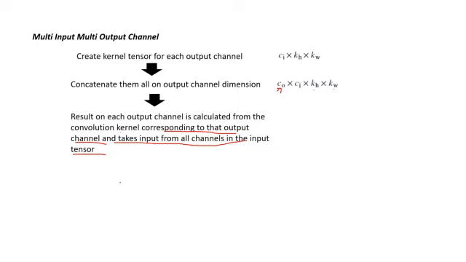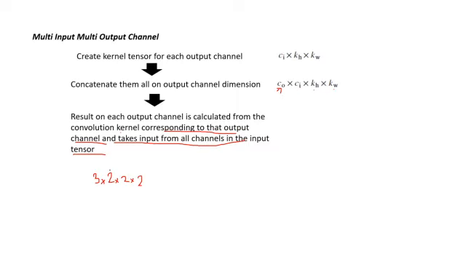So suppose previously we had a 2 cross 2 cross 2 kernel, as you saw in the previous slide, and now suppose we have 3 output channels. So this is a 4D tensor of shape 3 2 2 2.